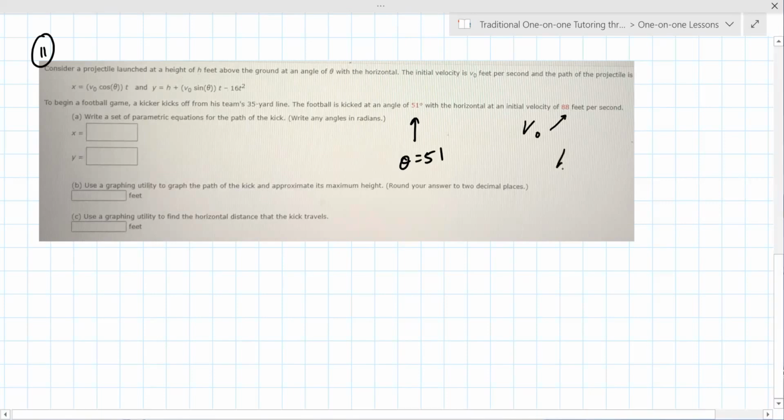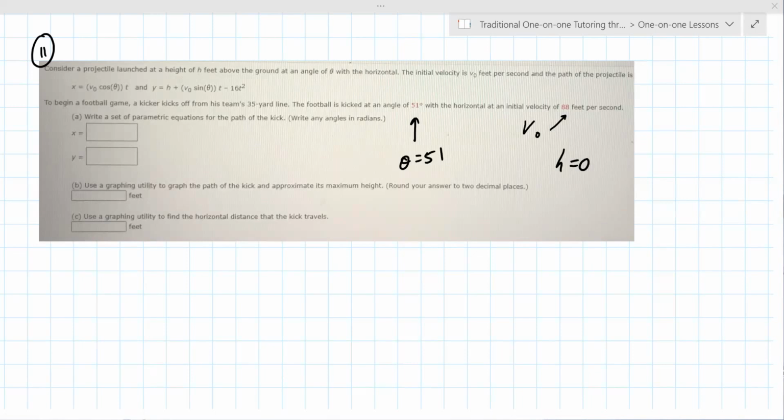The height is assumed to be 0 because it's on the ground, I guess. You already answered this one, Niko, correctly, I think, for parts 1 and 2.